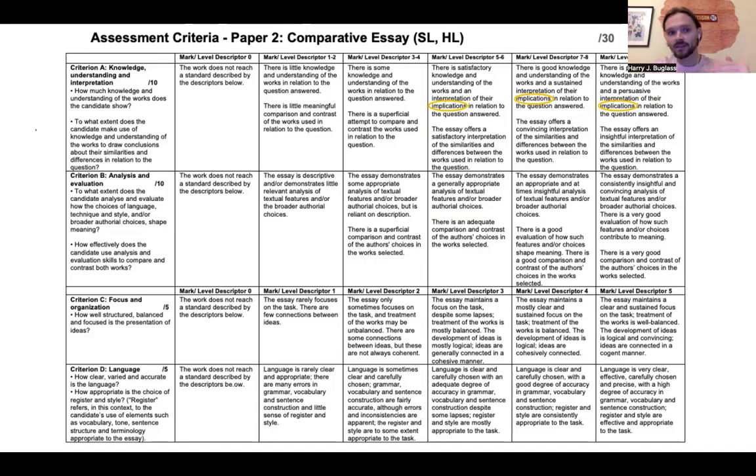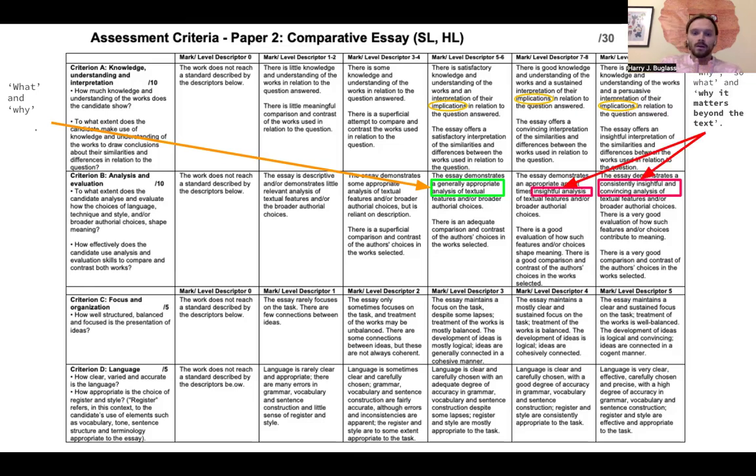Second, we move into criterion B, analysis and evaluation. What is an analysis? What is an insightful analysis? Oftentimes, learners will ask me what the difference is, and this can lead to rather contentious exchanges at times, which makes sense.